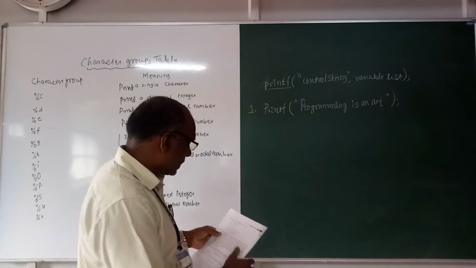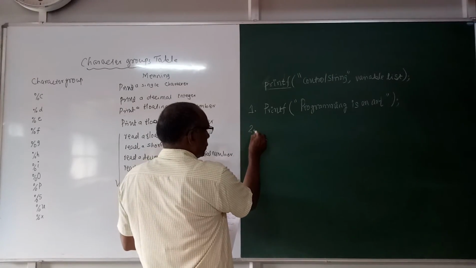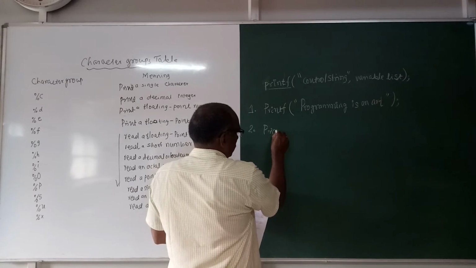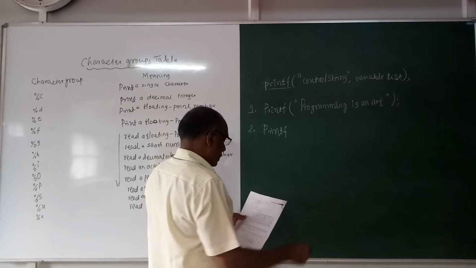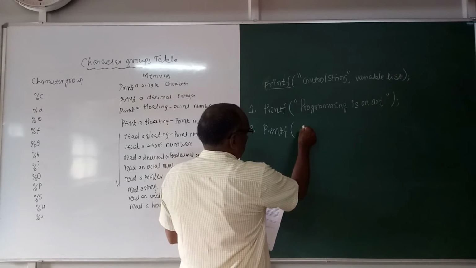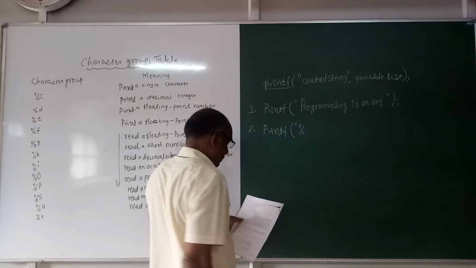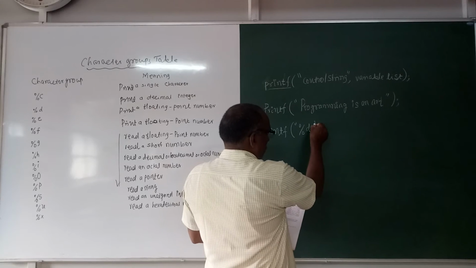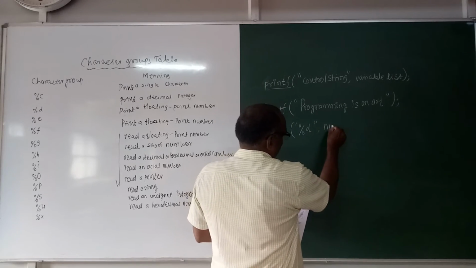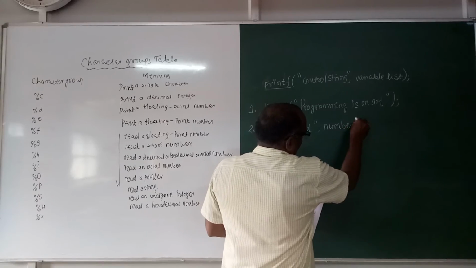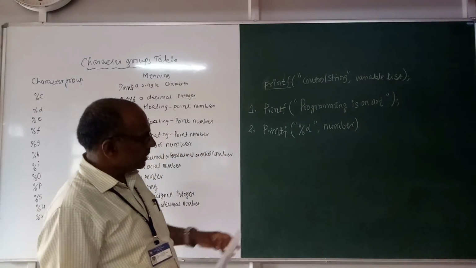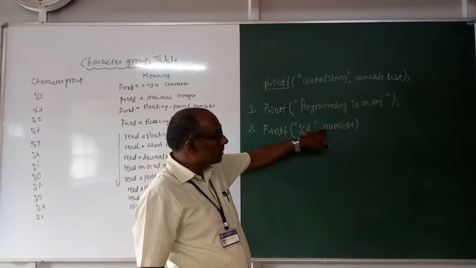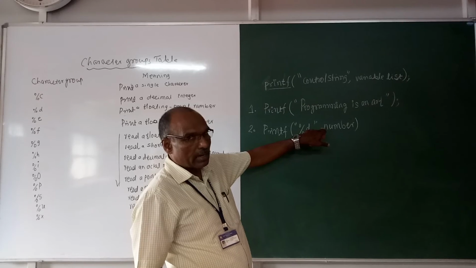Let me take one more example, example number 2. Printf, say %d, same, close this, comma, number. It is the same thing, only this variable list, number, is not preceded by the ampersand.